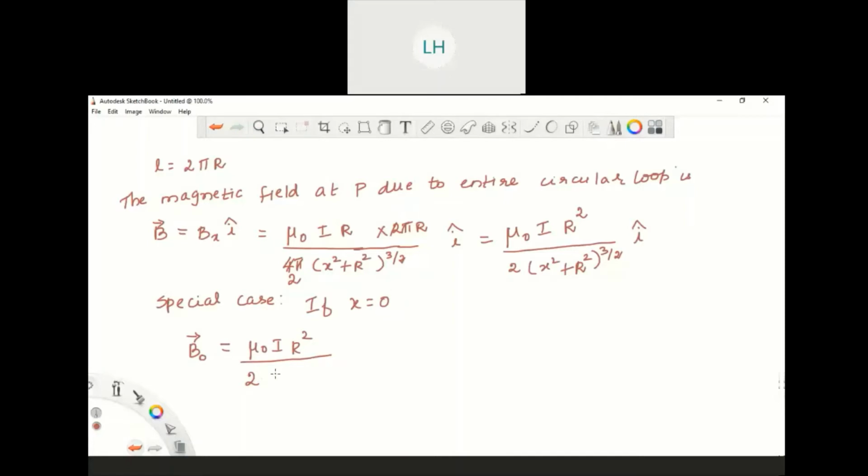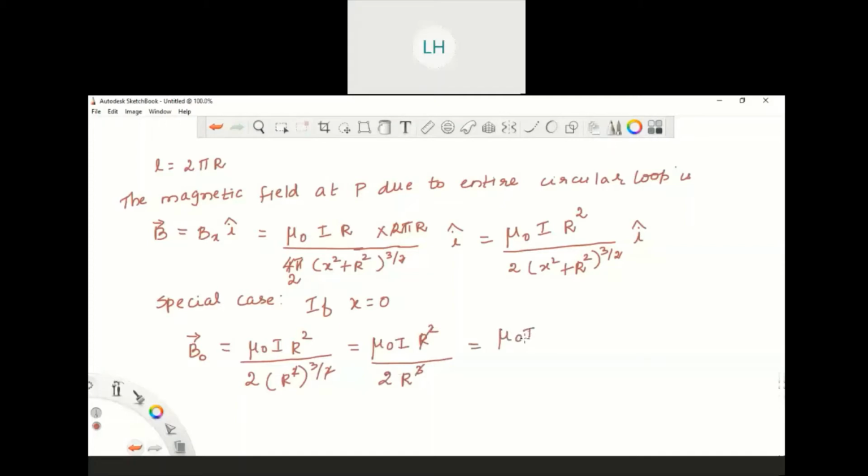So when I substitute x is equal to 0, what will you get? r square the whole power 3 by 2. Okay. So this 2 and 2 get cancelled. So in the denominator we will have only 2 r cubed, right? So mu naught I r square divided by 2 r cubed. Again this square and this cube get cancelled. What will you get then?